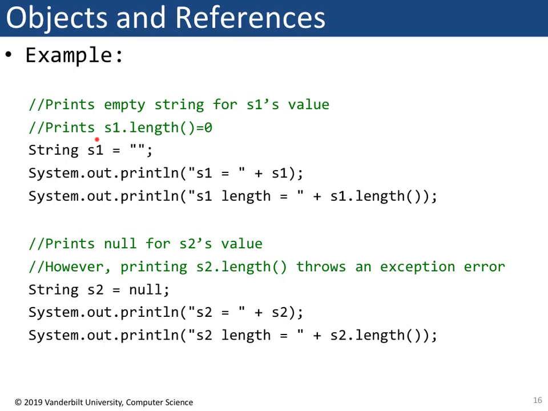Java can go to the address stored in S1 and use the .length method built into the object at that location. But down here, there is no object in memory. When we say S2 equals null, we are storing a reference to nothing, an empty reference. So when we try to dereference S2, when we say, hey Java, go to the address stored in S2 and use the method called .length, Java is going to say there is no object at S2.